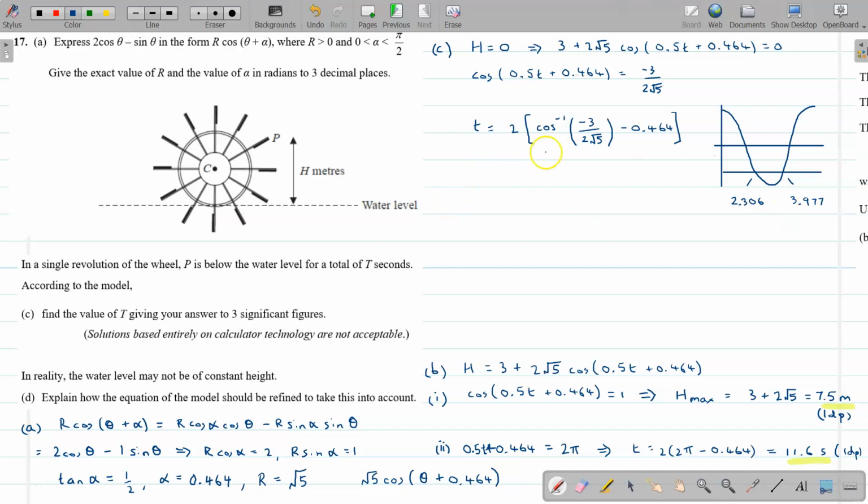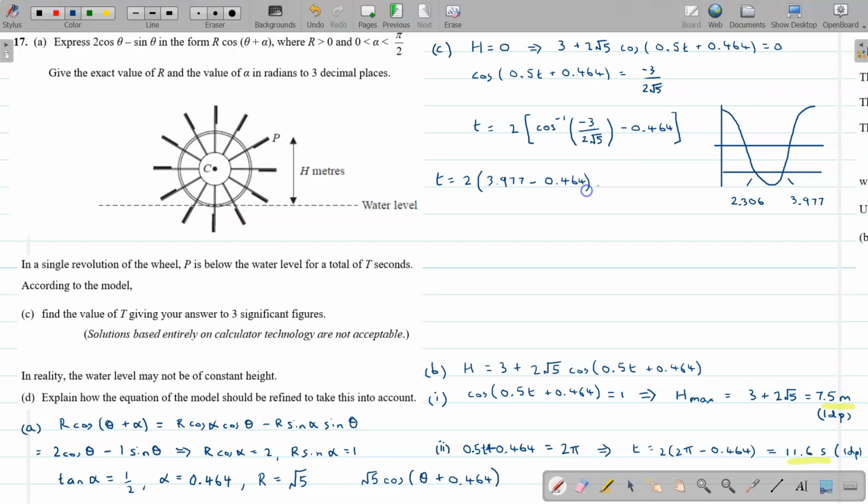So what we need to do is put those two values in. So we've got that t equals, well, we're going to put the difference between the two, you see. So we've got two lots of 3.977 minus 0.464. I mean, we don't really need to do that because it's going to cancel out each time, but let's just put that in for completeness.